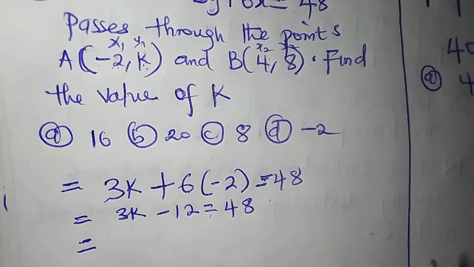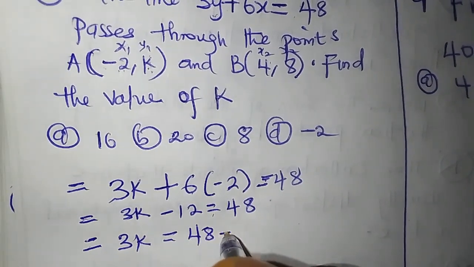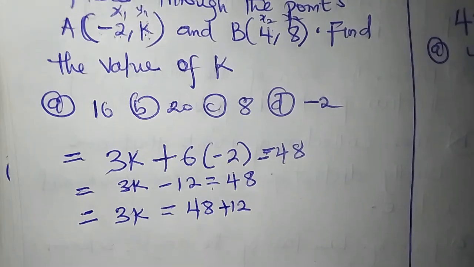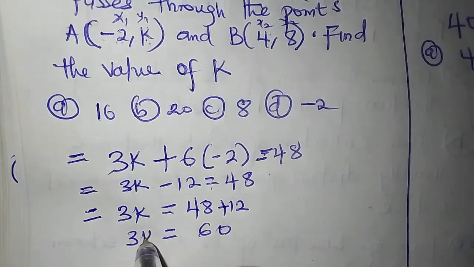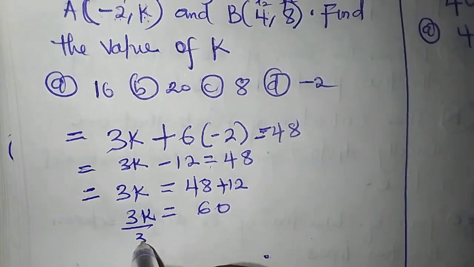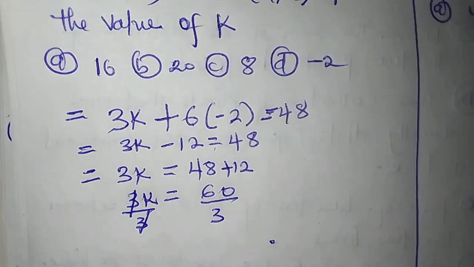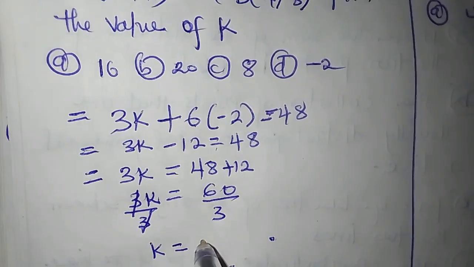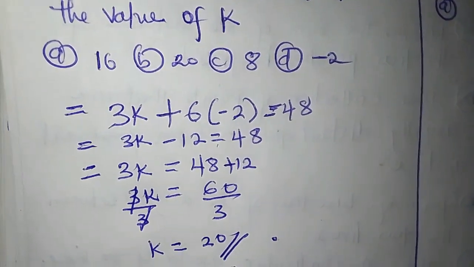Collecting like terms, we have it that 3k is equal to 48 plus 12, and 48 plus 12 is equal to 60. So 3k is equal to 60. Divide both sides by 3. 3 cancels 3. It means that k is equal to 20. So k is 20. It's as simple as this.